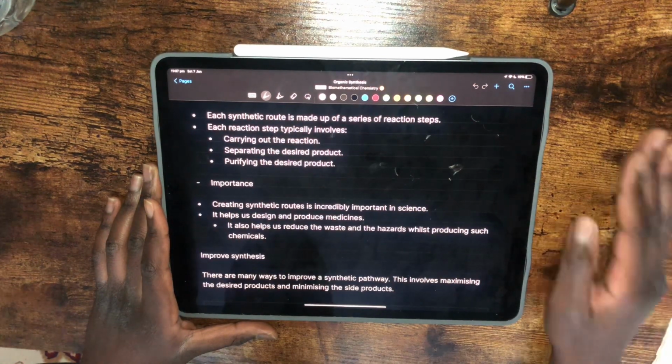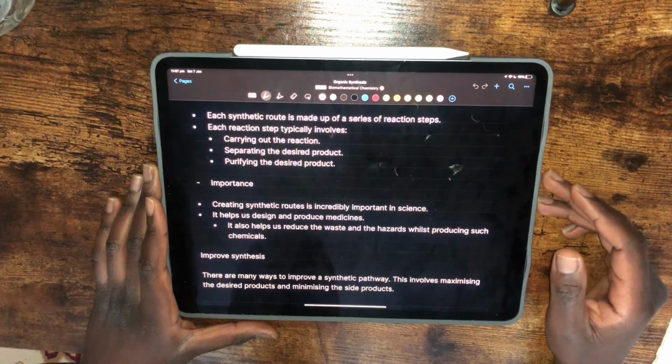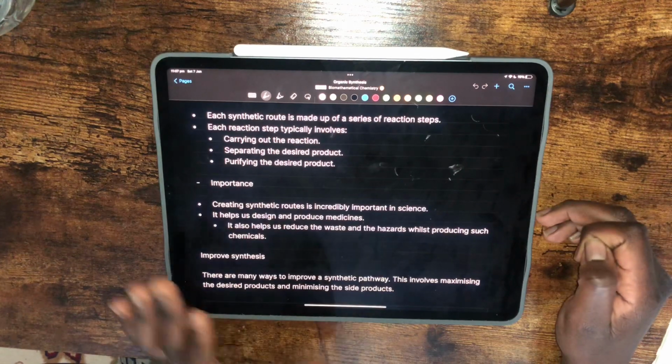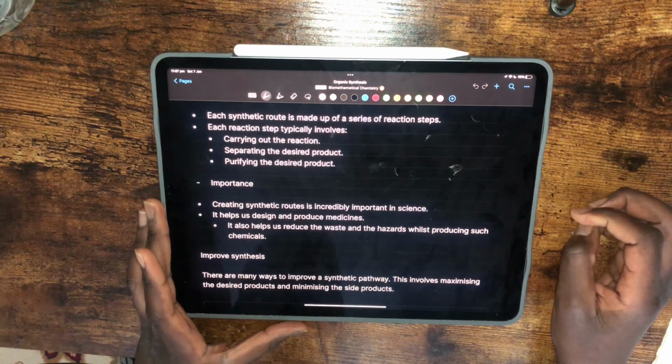That's to make sure we're weighing an accurate amount of our product, and we don't include the mass of the water as well.